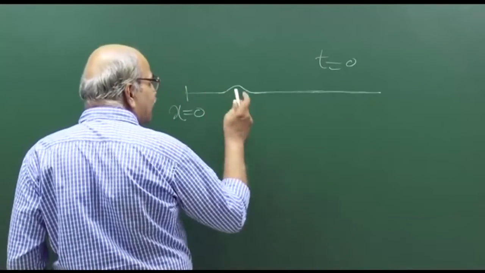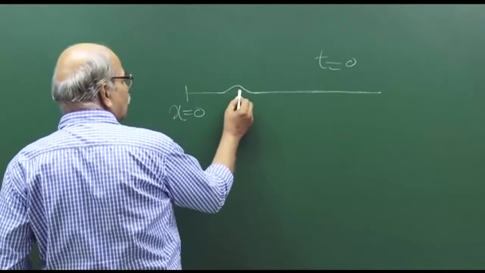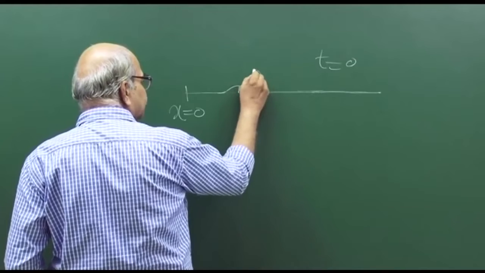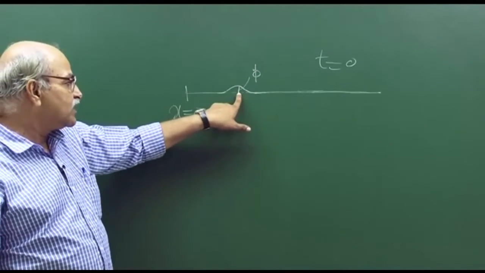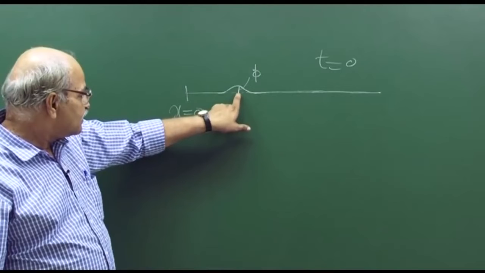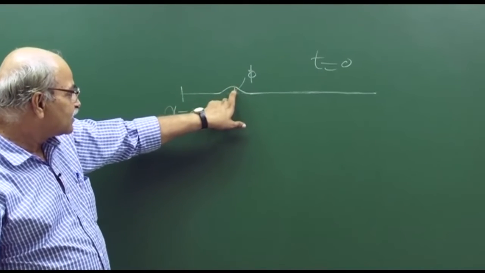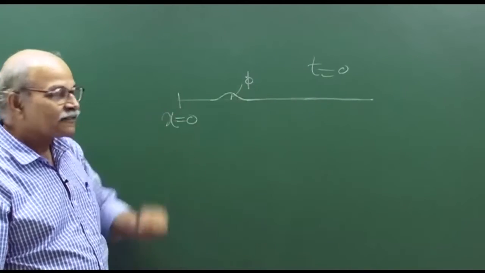To quantify that, let us say that how much sideways it has gone, we call that phi. So, this portion of the string has been sideways deflected from here to here, and that deflection, that displacement, I call phi.